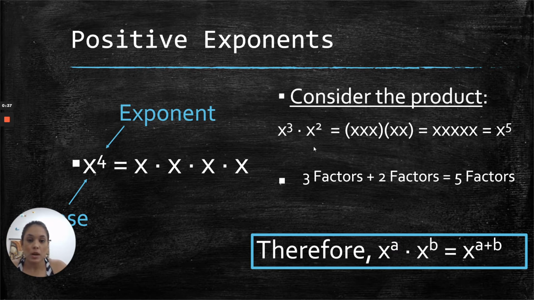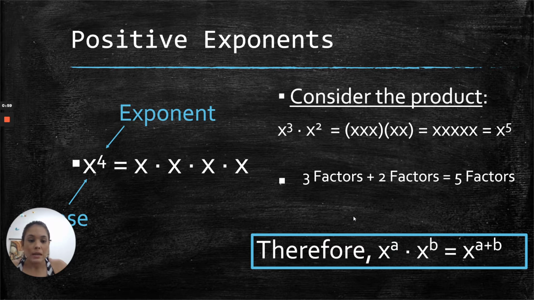x squared. So that is the same as x times x times x, which is x cubed, times x squared. When you multiply this, you have 5 x's, and the exponents are added. So we have 3 factors plus 2 factors equal 5 factors.